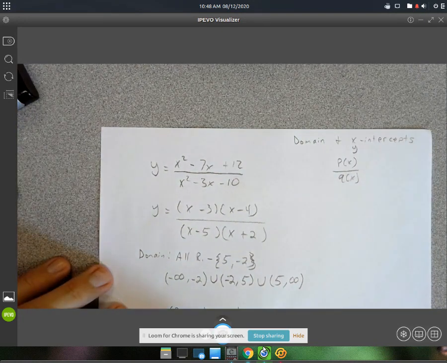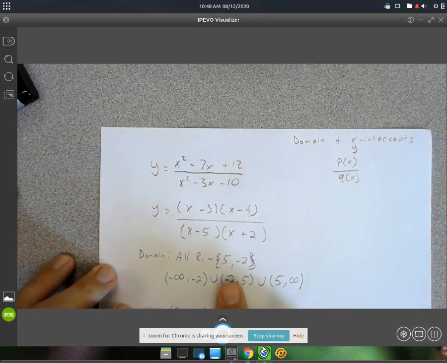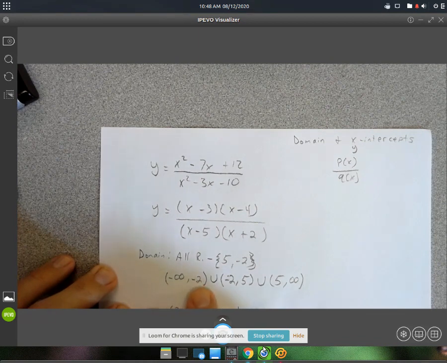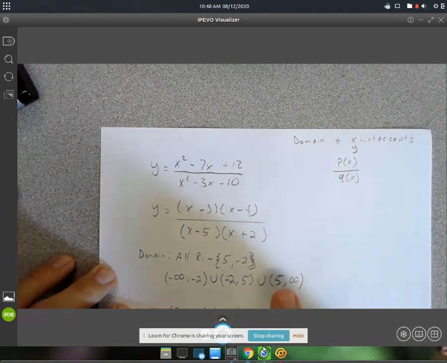I know it's kind of complicated, but this is the interval notation for all numbers except for -2 and 5. So we include all numbers before -2, then the numbers from -2 to 5, and then from 5 to infinity.